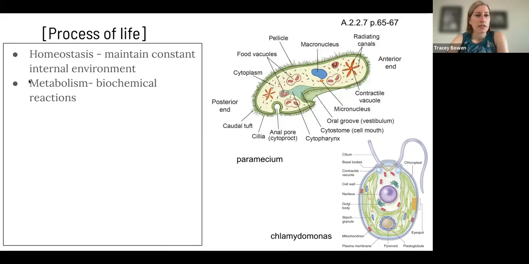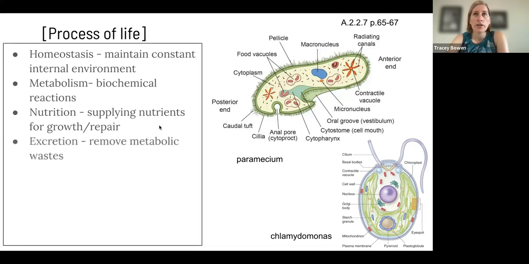They both have metabolism, which is biochemical reactions happening in their little cell bodies. They're going to take in food, so nutrition, and that food is going to supply nutrients for growth and repair, and be broken down into energy that can be used for this growth and repair. They're going to create metabolic waste.